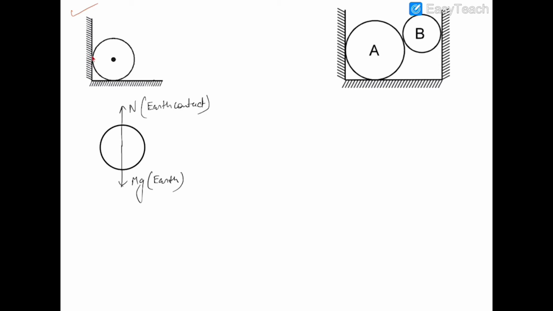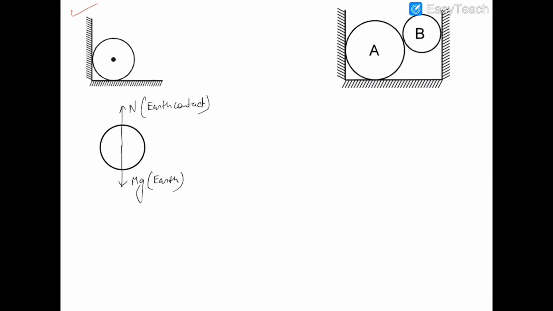So this is the complete free body diagram of this ball, and here is an important fact which I am pointing out: although this ball is touching the wall, it is not pushing the wall, so there is no normal reaction acting between ball and wall.